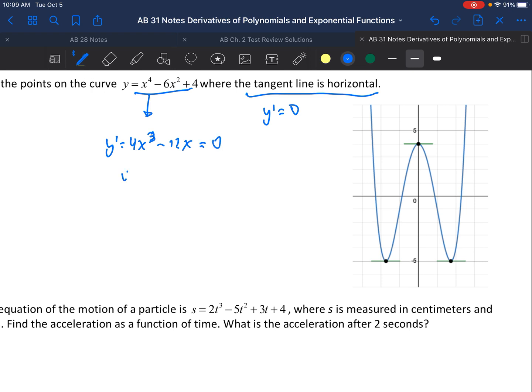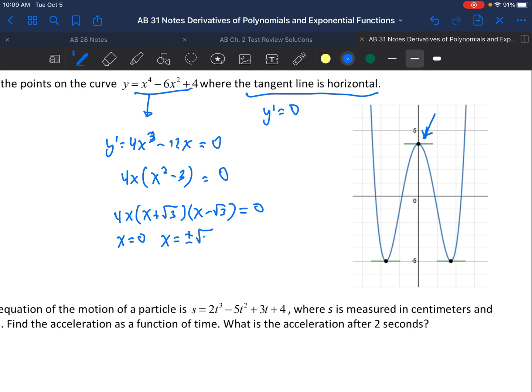I'm going to factor 4x, leaving us with x squared minus 3. Factor, that's 4x, x plus root 3, x subtract root 3. And we've got x equals 0 is a horizontal tangent, x equals positive or negative square root of 3.